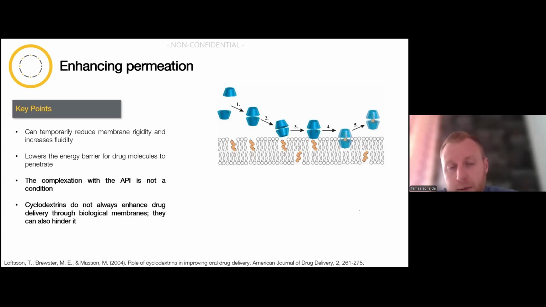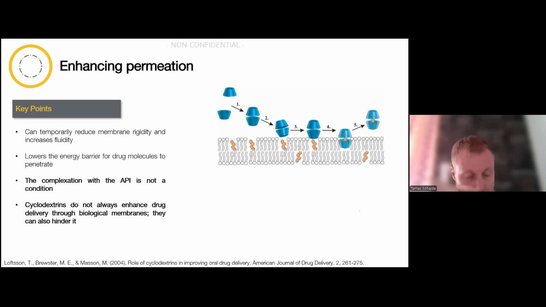Cyclodextrins can enhance the permeation through certain biological membranes via interacting with lipophilic components of the membrane, typically cholesterol or fatty acids, improving the fluidity of the membrane temporarily. So this is not a permanent damage. And by improving this fluidity, the passive transport rates can increase.